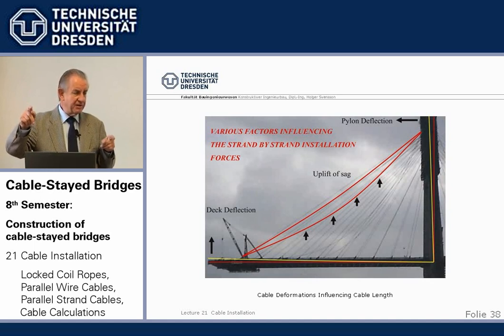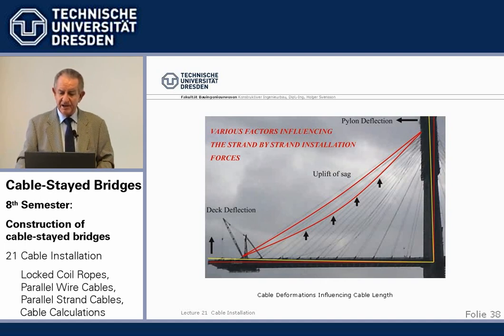So we have to calculate carefully for this given situation what force these strands must have. And there are various influences. First of all, the pylon deflects more or less when we install a cable and apply a new force.